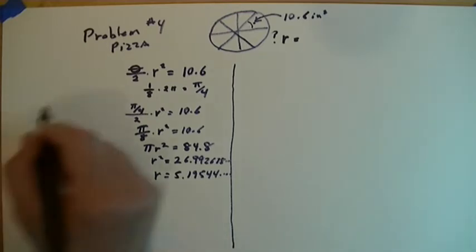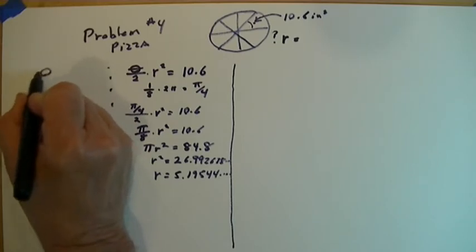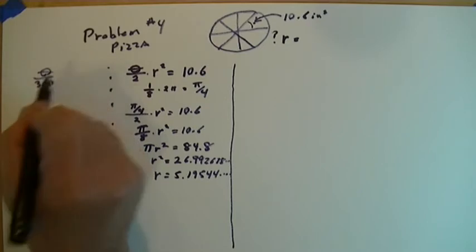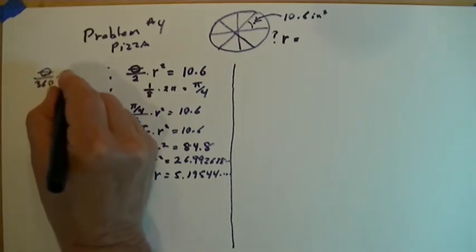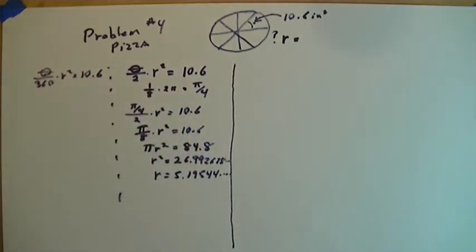But the formula, we'll come over here and we'll just say the formula is the angle over 360, times r squared equals 10.6. And so this is going to end up getting replaced with 45. You'll multiply both sides by 360, divide by 45, and then take the square root of both sides. And let's just go ahead and do that real quick.